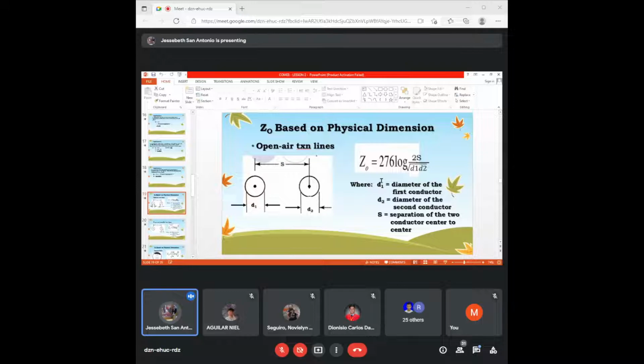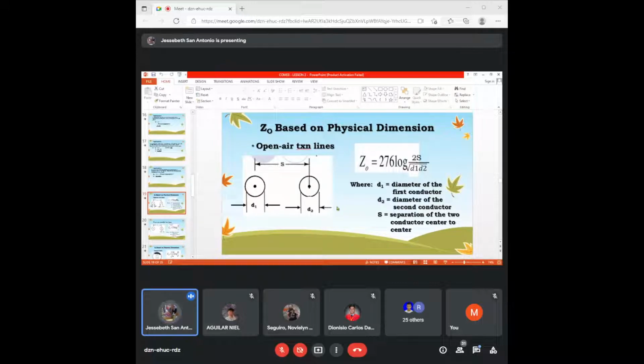So in this given equation of 276 times log of 2s over square root of d1 times d2, di yan pala ay just take the diameter na equal yung d1, d2, so d lang. Square root of d squared would be d. So we can still modify this to be 276 times the logarithm of 2s over the d. No? So 276 times the log of 2s over the d.